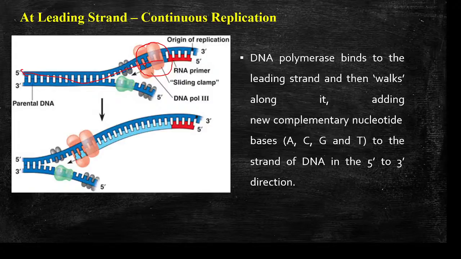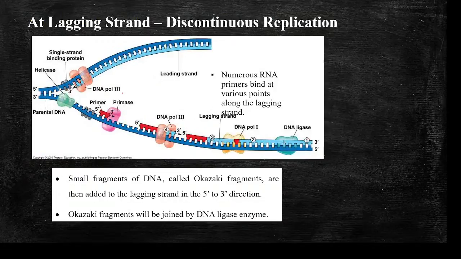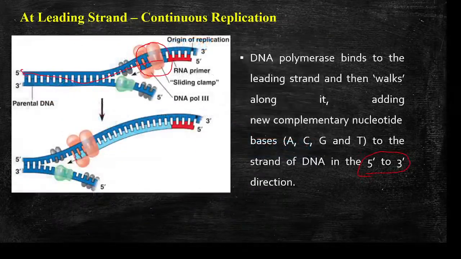If there is guanine, it will add cytosine. If there is thymine, it will add adenine. In this manner, it goes on adding nucleotide bases in the 5' to 3' direction. Remember, replication always moves in the 5' to 3' direction. This is called continuous because the addition of nucleotides happens in a single continuous flow. There will not be any breaks here.